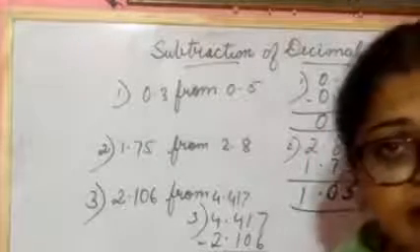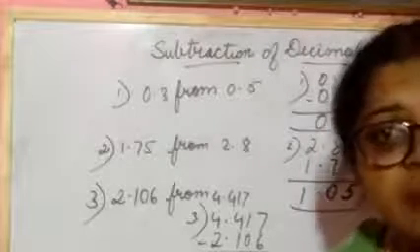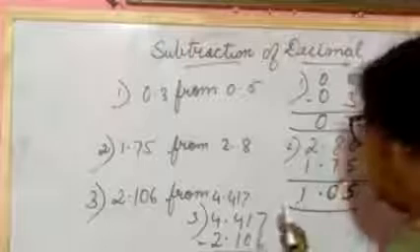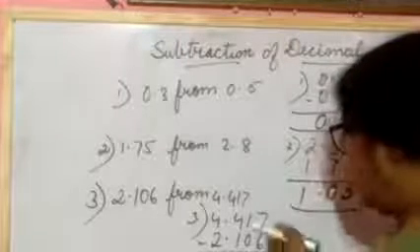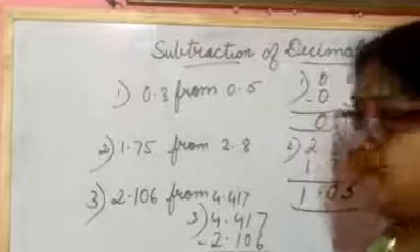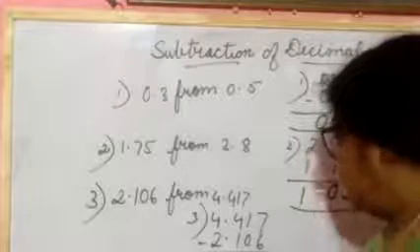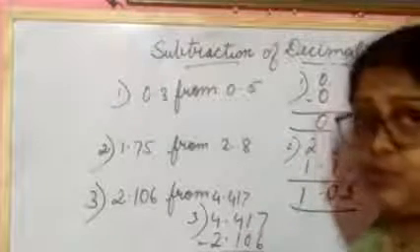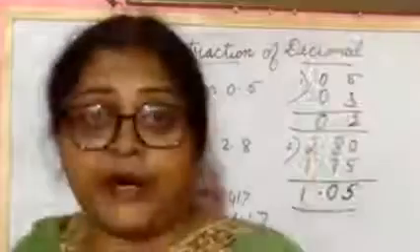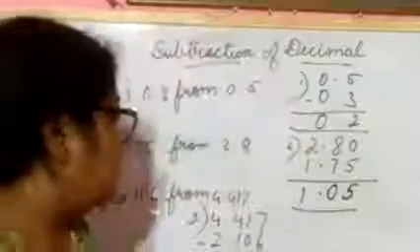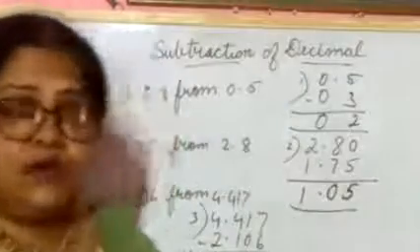So we will start our subtraction from the thousandths place. 7 minus 6, what do you get? 1. 4 minus 1, 3. Okay. Then 4 minus 2, 2. So what answer did you get here? 2.311.